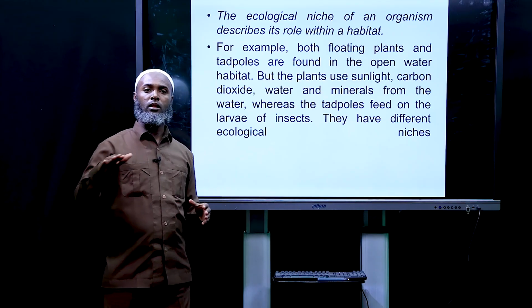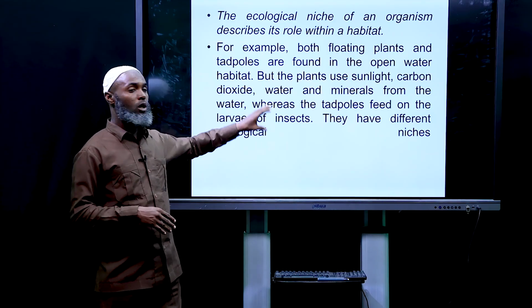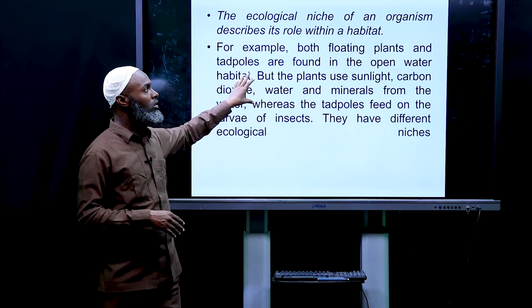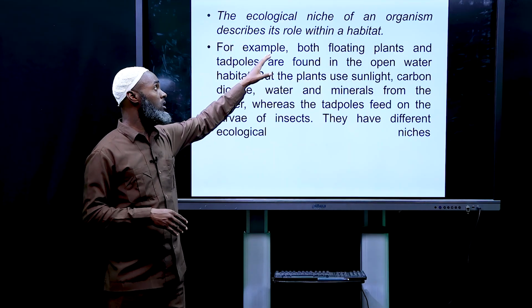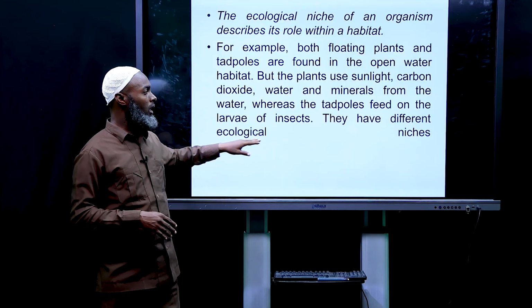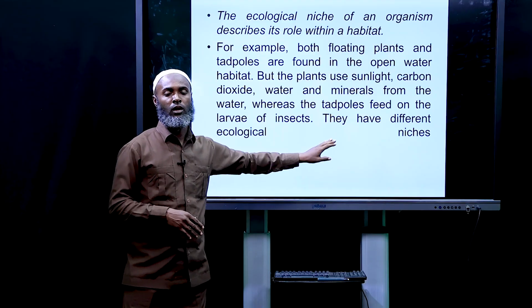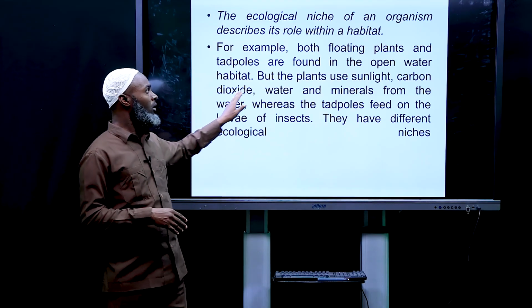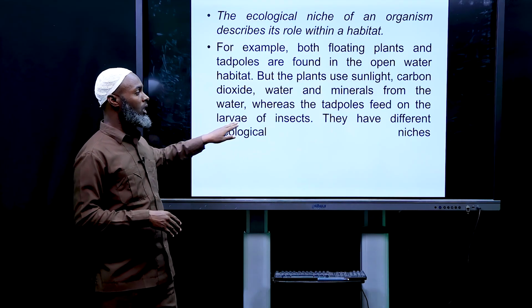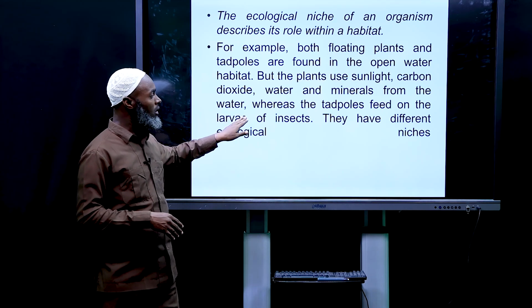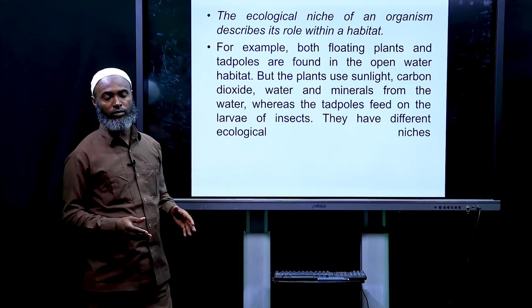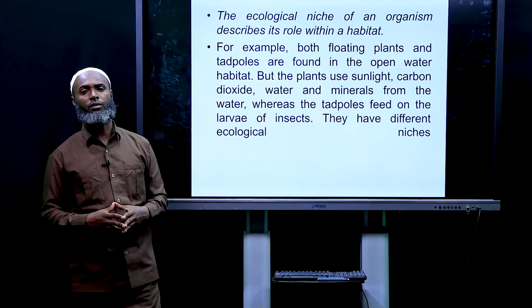So, in the same area, there could be different roles, and this is known as ecological niche. The ecological niche of the floating plant and the ecological niche of the tadpole are different. Ecologically, they are different.